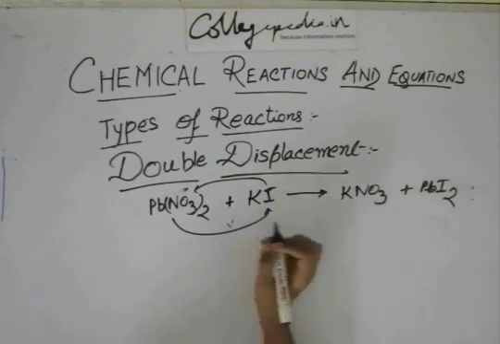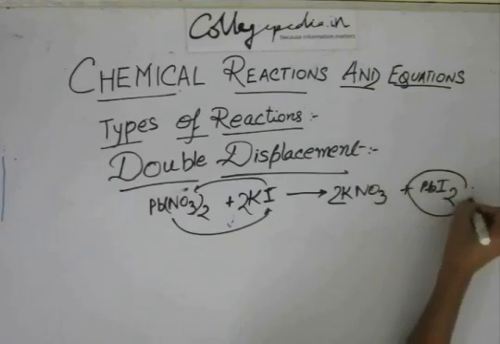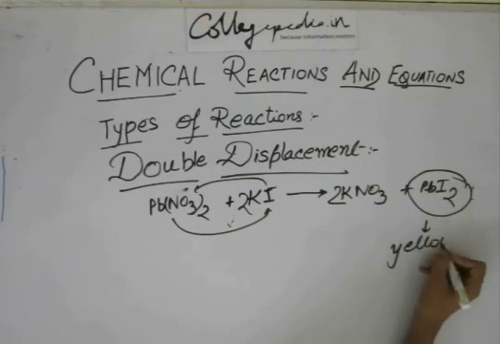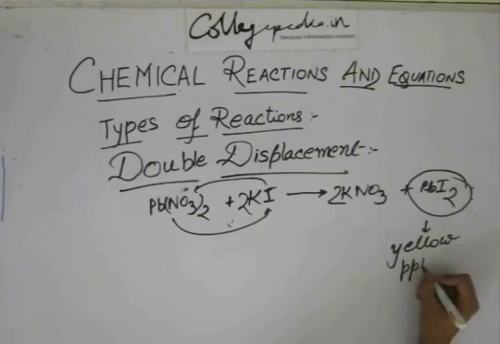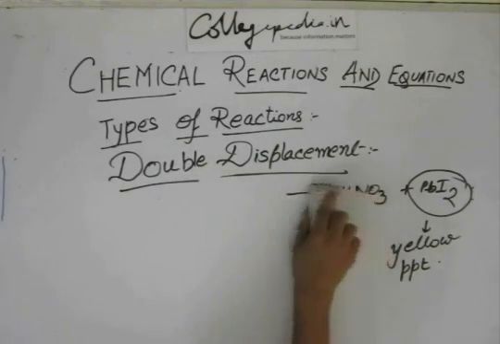If you just balance this, this will become 2. This becomes 2. Okay. And the yellow precipitate is that of this lead iodide. Or they can ask you, you mix lead nitrate and potassium iodide solution, what do you observe? Observation is that there is a yellow precipitate of lead iodide, and you give the reaction, of course. That is a very mandatory thing. You have to always give the reaction.